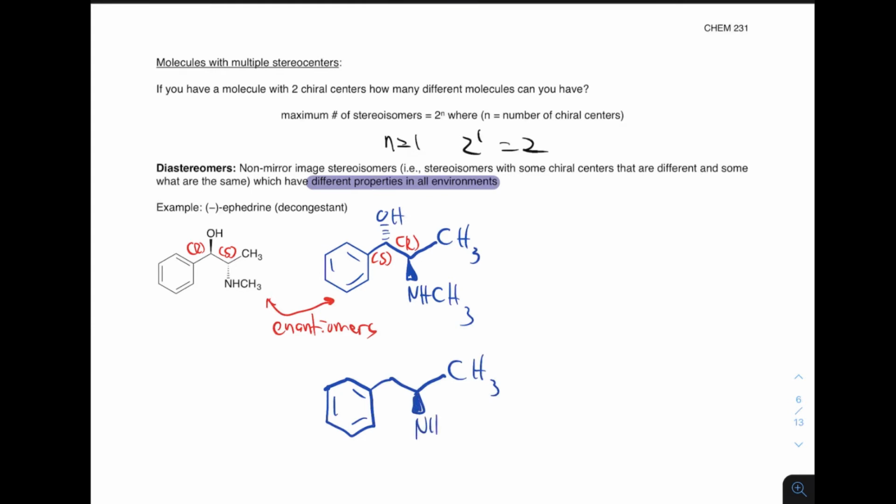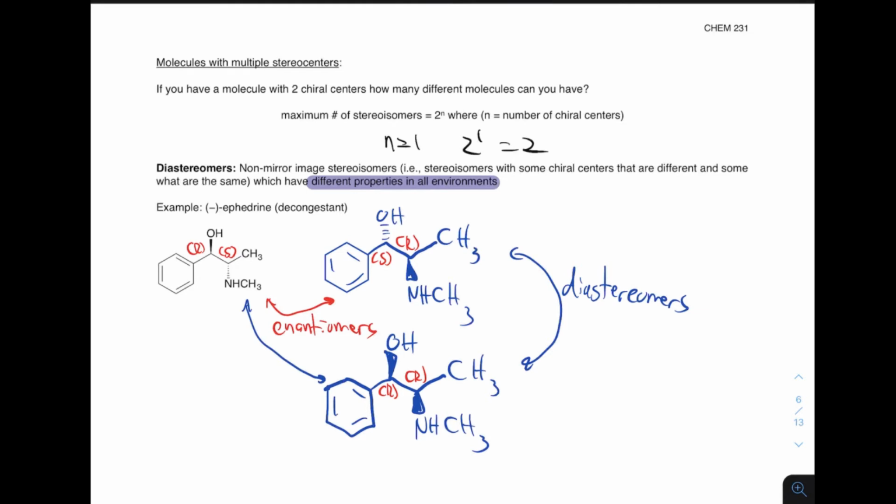We'll keep this amine on the wedge, and we'll have the OH now on a dash, meaning that this is R, and this is R. So these are no longer mirror images, because only one chiral center is different, and the other one is the same. So these are diastereomers. And the same can be said for these two. These are also diastereomers.